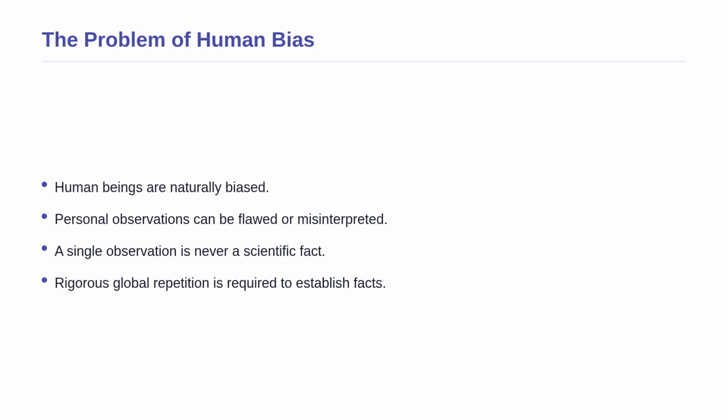It is not yet a scientific fact. It only becomes a fact when the experiment is repeated globally, controlling for variables like soil and water, and yields the exact same result. Without this rigorous process, our research would be filled with personal opinions and illusions.